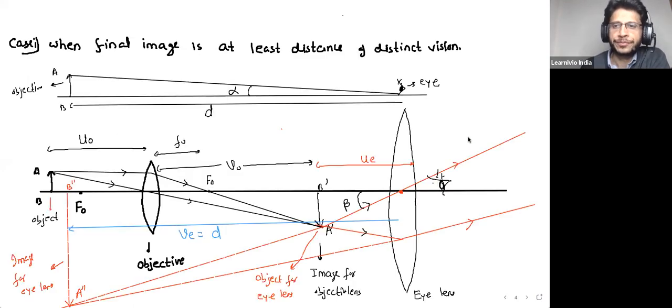Okay, now tell me, which angle is subtended by the image, alpha or beta? No, alpha is subtended by the object. This is your object. This is beta which is subtended by the image.